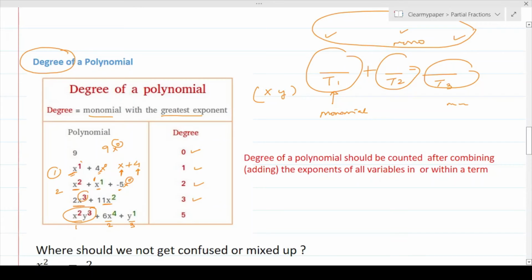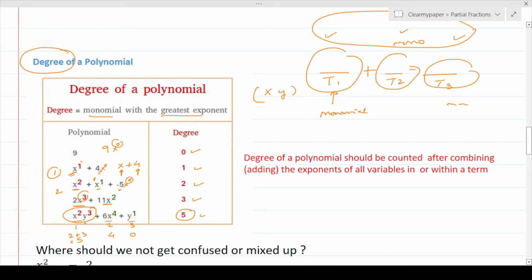So you have to add the exponents. So 2 plus 3 is the highest exponent of this whole term, which is equal to 5. And over here, for the second term, the exponent is 4, and the third term has no exponent, it is just 0. So now we have 3 terms, and the highest power is 2 plus 3, which is equal to 5, and hence it is written as 5.